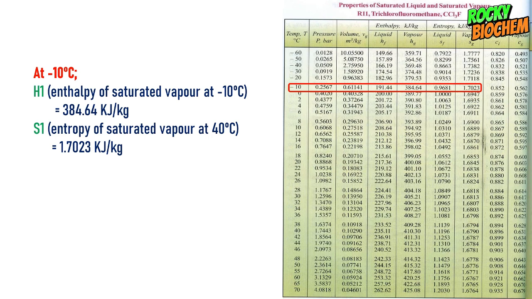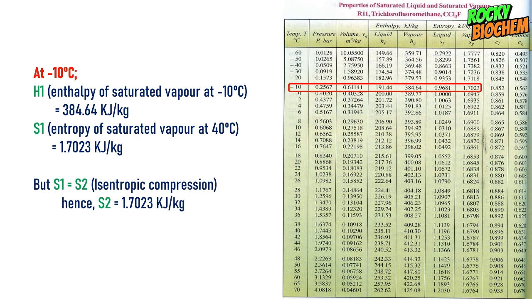And we know from the refrigeration cycle that the compression of the saturated vapor from point 1 to point 2 occurred isentropically, that is, at constant entropy. This means that the value of entropy 1, S1, should be equal to the value of entropy 2, S2. Hence, S2 is also equal to 1.7023 kilojoule per kilogram Kelvin.